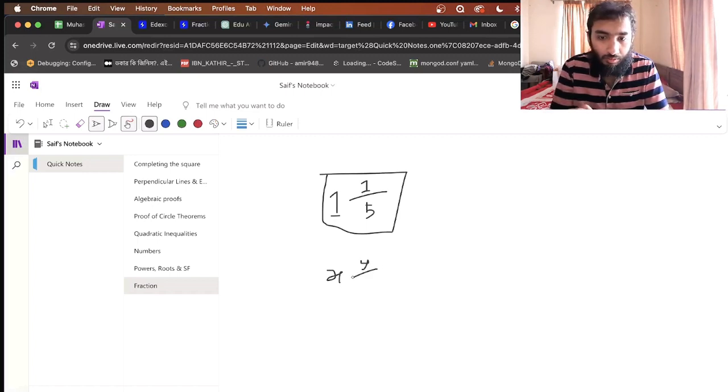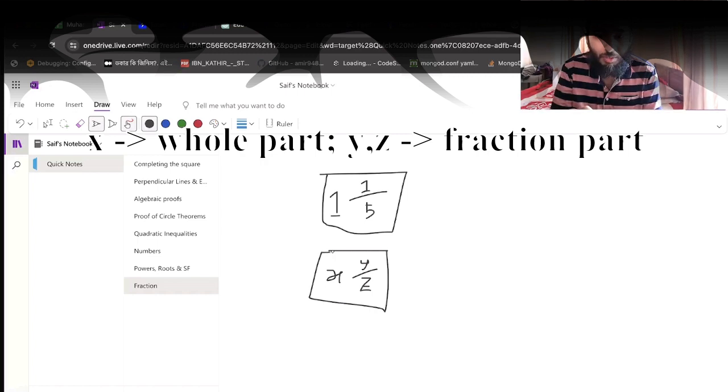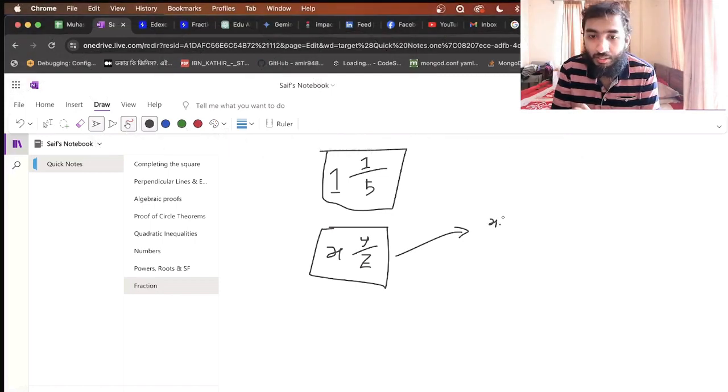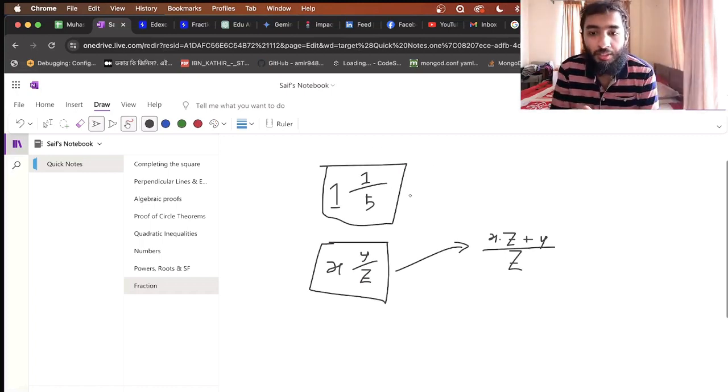So numbers of this type, let's say x y by z, where x, y, z are three numbers, can be turned into the representation x multiplied by z plus y, all over z, which is the original representation of a fraction.